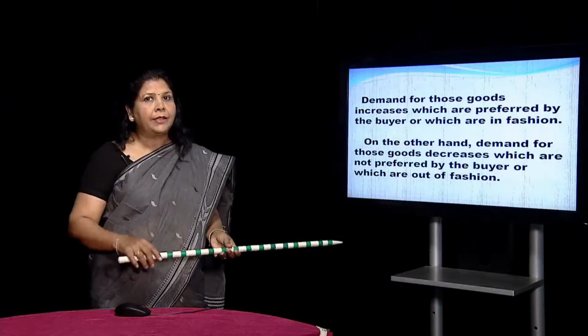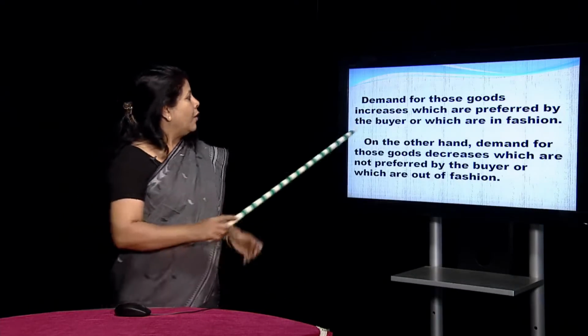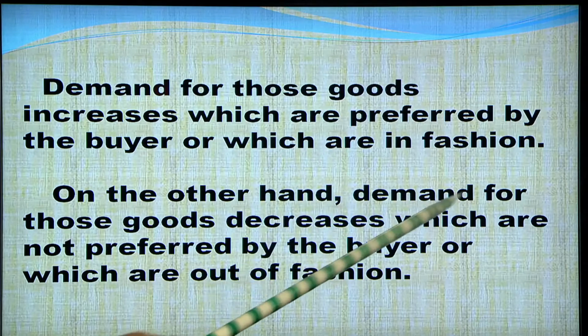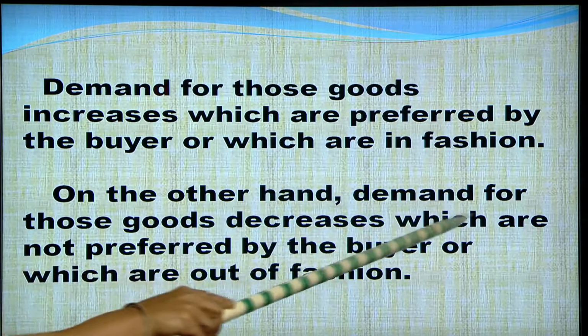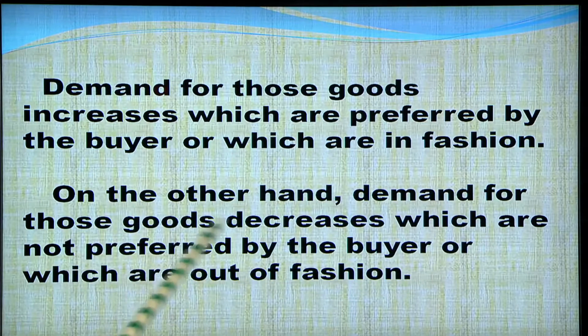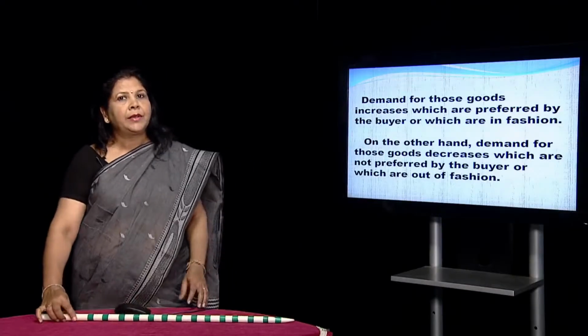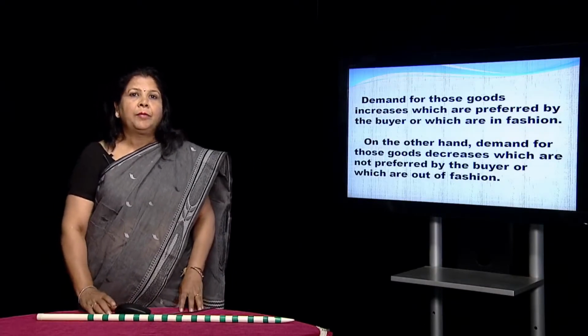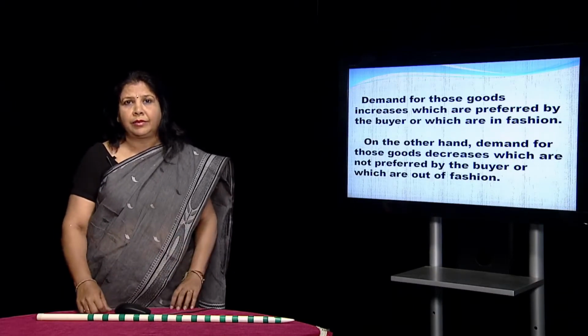So, goods which are in fashion will have an increased demand. On the other hand, demand for those goods falls which are not preferred by the buyer or which are out of fashion. A very good instance of this is a person may have a garage sale of all outdated goods.